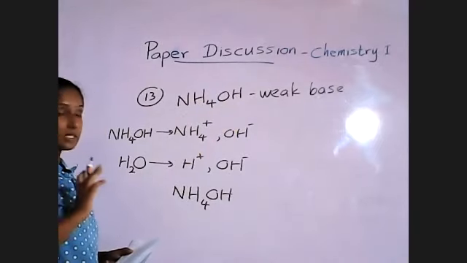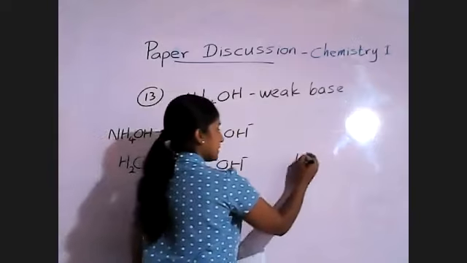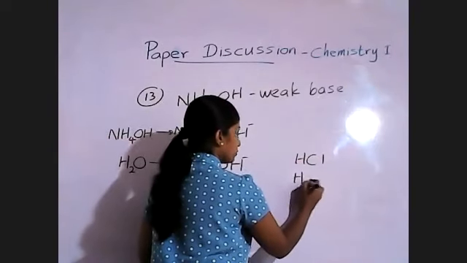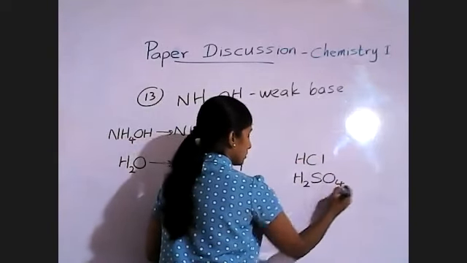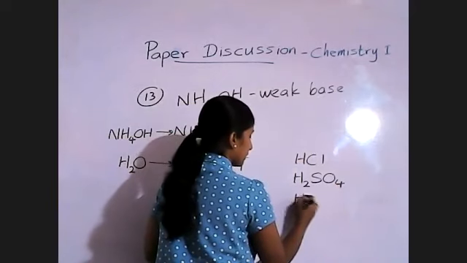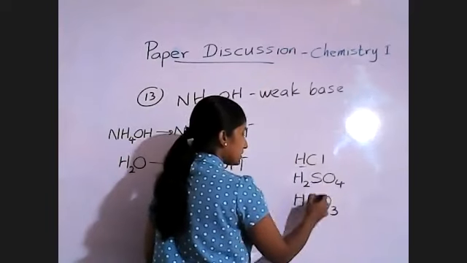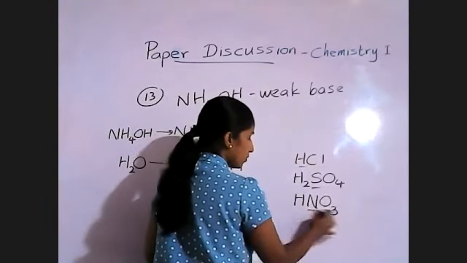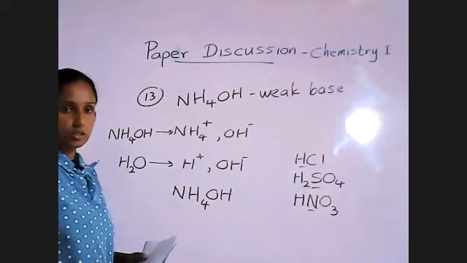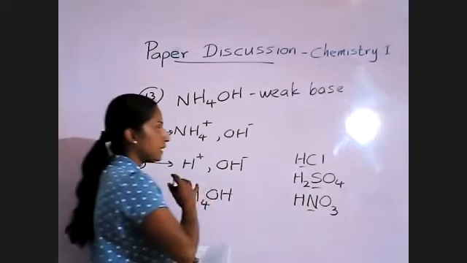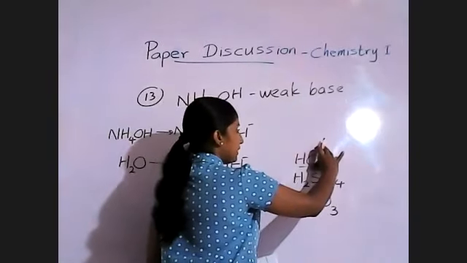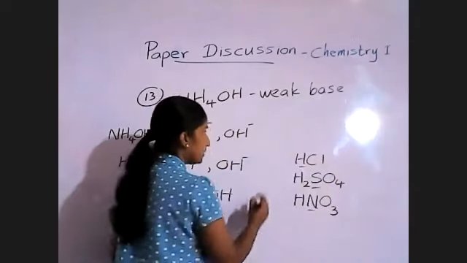If it is a strong one, like HCl, H2SO4, and nitric acid, there are no HCl, H2SO4 or nitric acid molecules in the solution. They completely ionize to H plus and the negative ion.